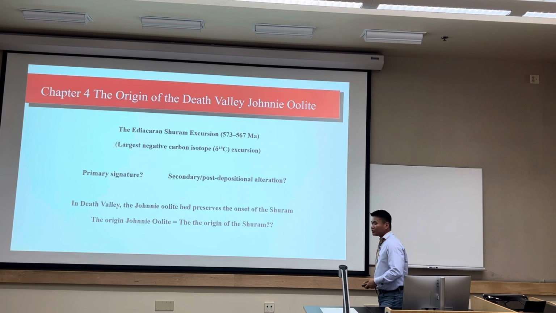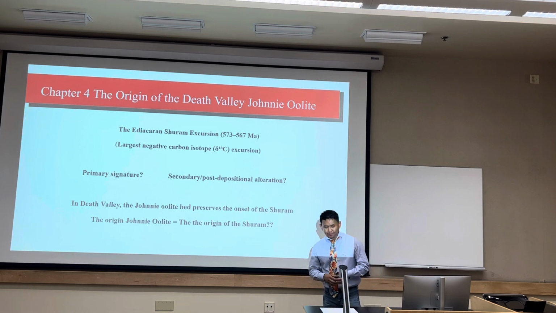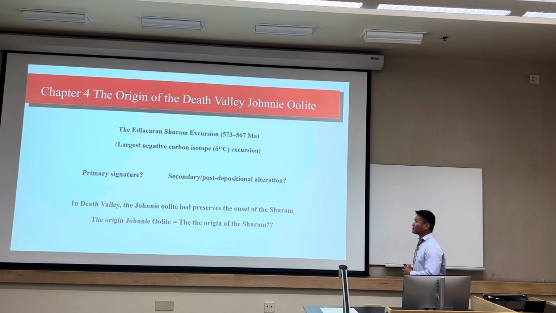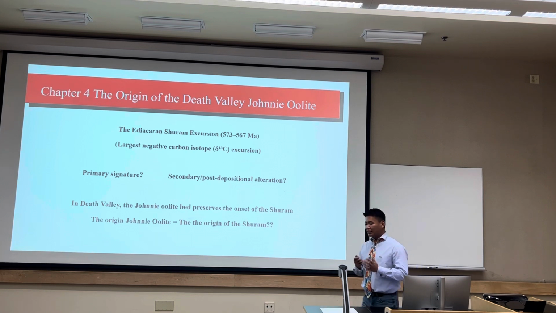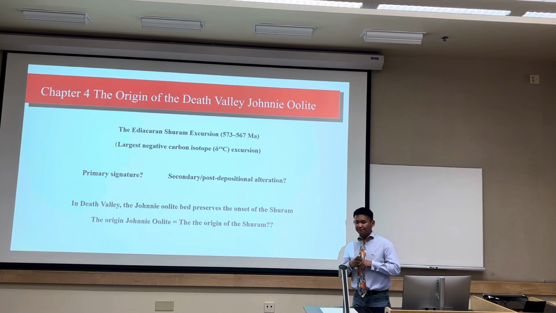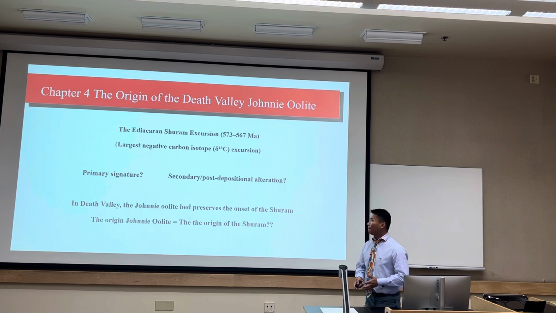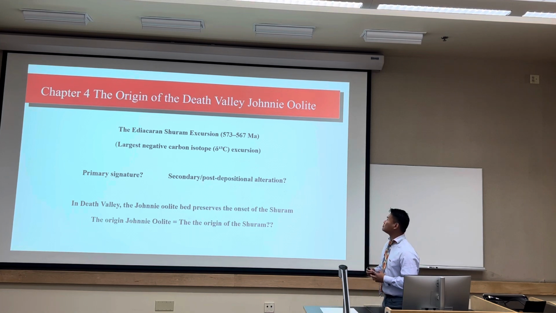In chapter 4, we're going to shift gears a little bit to the sedimentological and fossil study. In this chapter, I will explore the origin and depositional environment of the Johnnie oolites. So let's see why this study is important. The Ediacaran period recorded the largest negative carbon isotope excursion, which is the Shuram excursion.